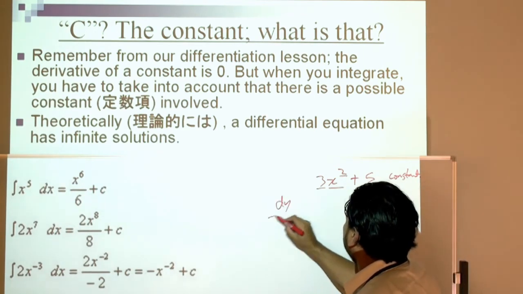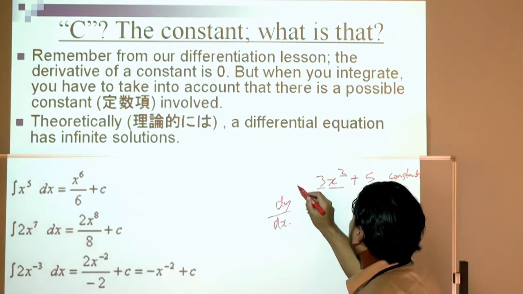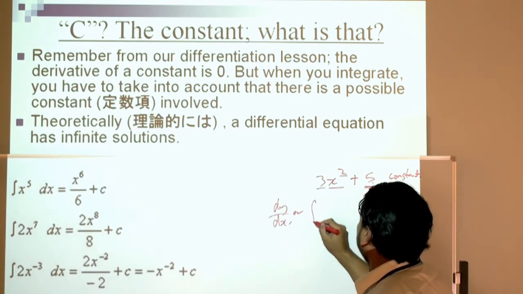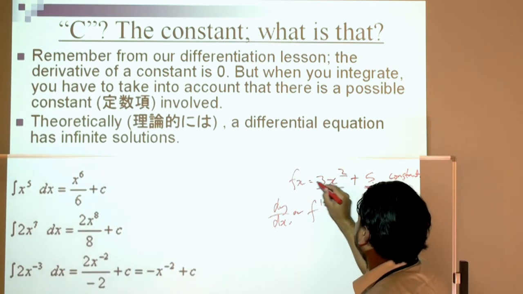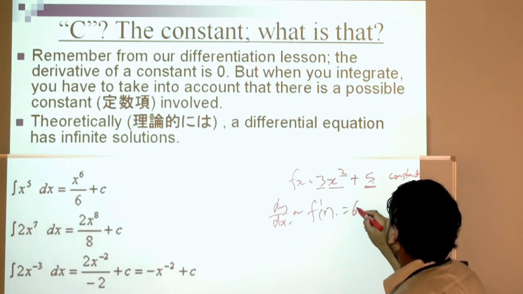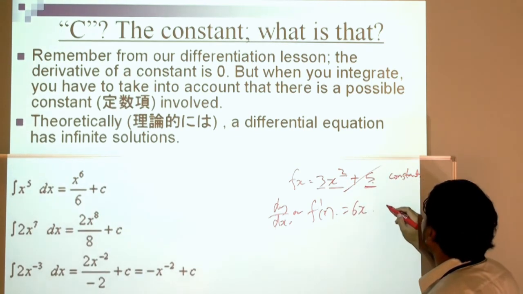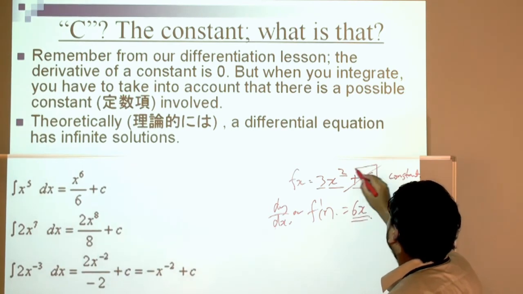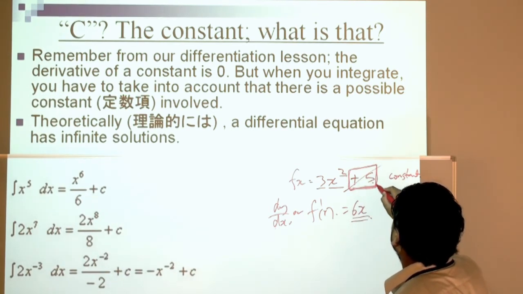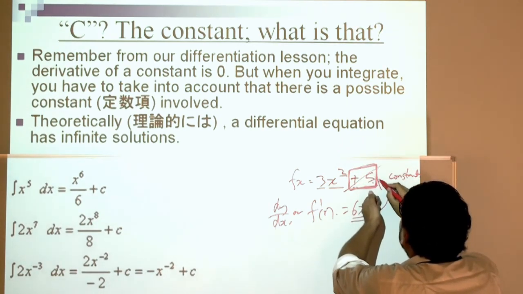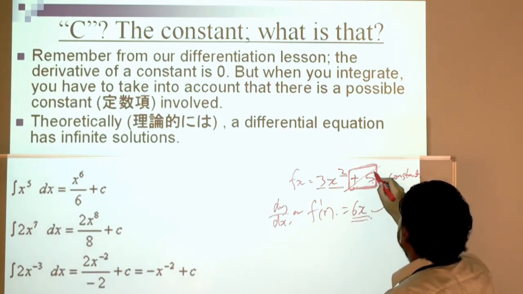When we find the derivative of that, the dy over dx, or f dash if that's f(x), it becomes 6x, and the constant cancels out, becoming plus 0. So it just becomes 6x. Notice that we're missing that plus 5 here. So in integration, when we move back, this will become plus c.